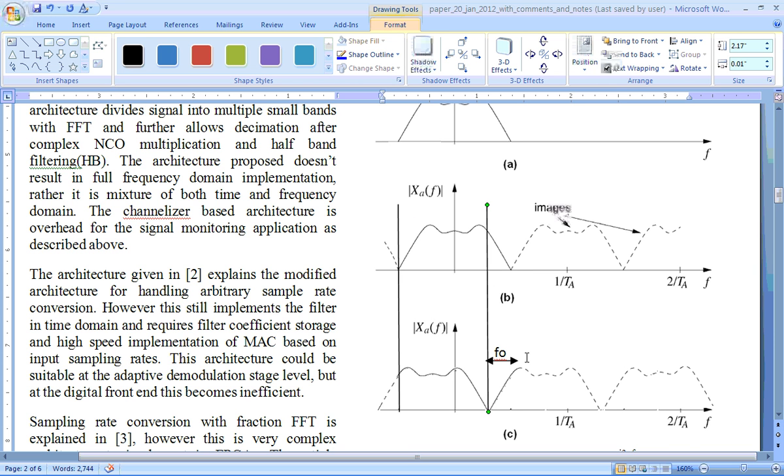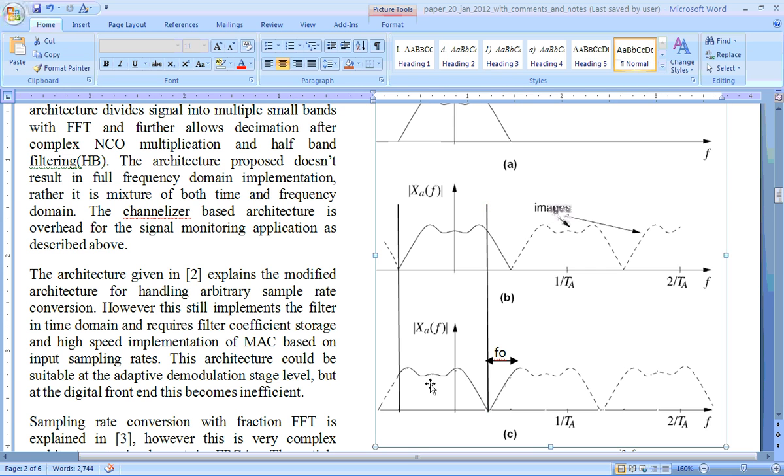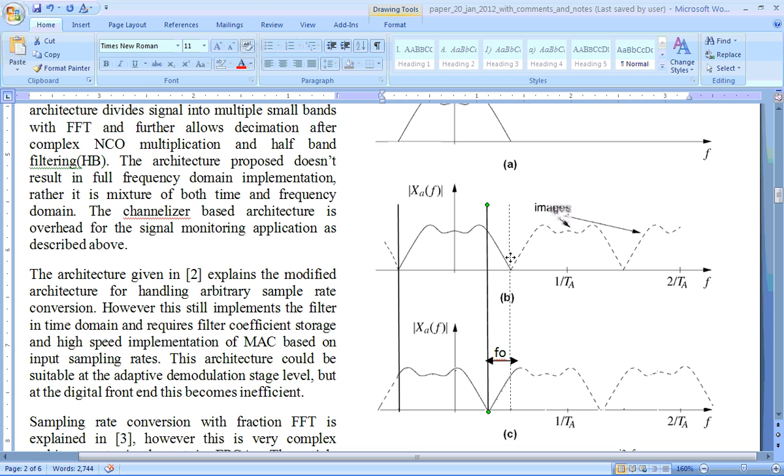So these are the lines. What I'm trying to say is that in digital, whatever you see between these two is only being repeated, that's all. The information is only here.